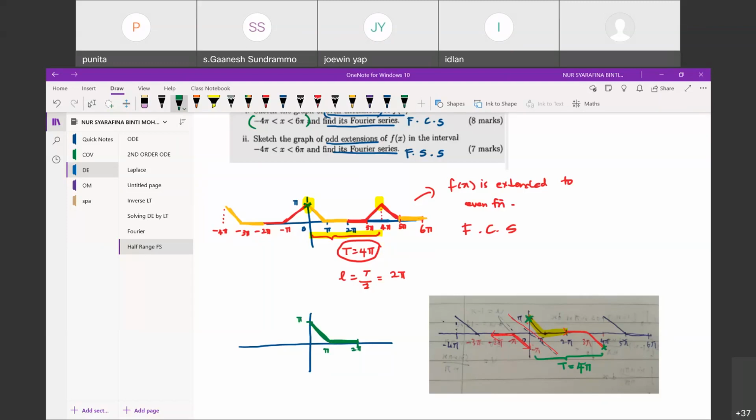So you need to play around with the graph. Once you can show that the function is now odd through the graph, then you can proceed with finding the Fourier sine series. That one is similar to the previous one that we have done. So the difference here is you need to plot the graph so that you can show that it is now extended to even or extended to odd. Clear or not?